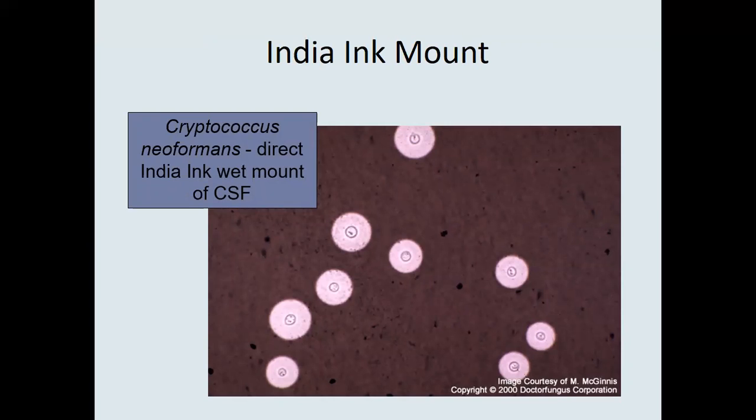You just put a little drop of the yeast in saline on a slide and then add that really dark dye, the India ink. It's kind of a negative stain because the yeast aren't going to take it up. But we can see in the middle, the little circle is the actual yeast cell, and that halo, that big part around the little yeast cell, is the capsule. So you can see how large it is.